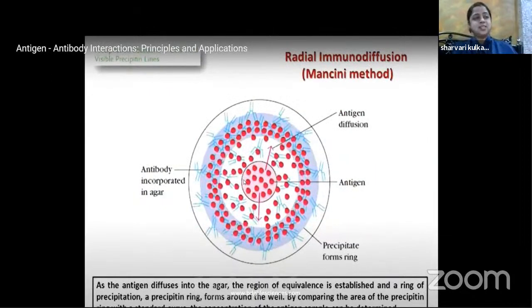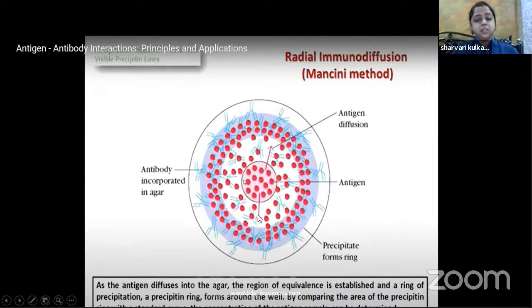A similar concept is applied in radial immunodiffusion, where you have antigen in the well at the center and antibody incorporated in the agar. Now, when antigen diffuses, you can see it diffuses radially, so it is known as radial immunodiffusion.